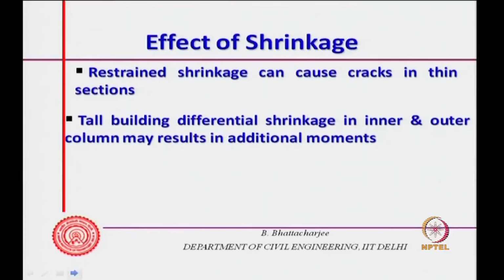High strength concretes are susceptible to autogenous shrinkage, because you have a lot of cement paste in the system. So, autogenous shrinkage studies are important for low water cement ratio systems.